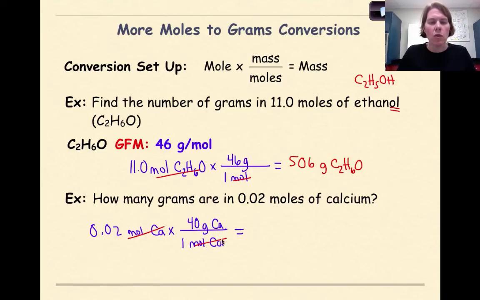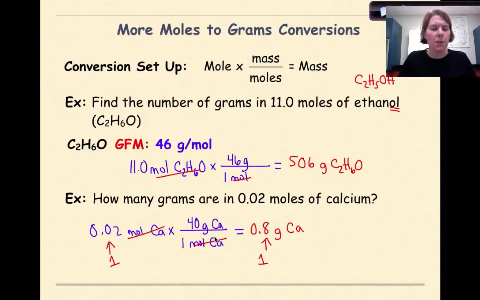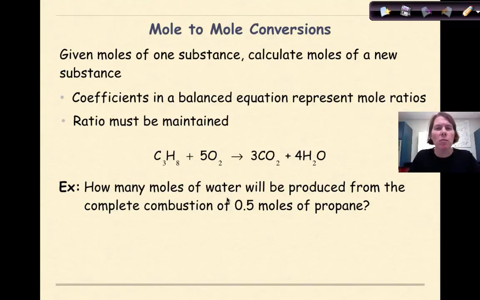Moles cancel moles. 0.02 times 40 will give us 0.8 grams of Ca. If I look at this here, I have 1 significant figure, therefore my answer will have 1 significant figure, and everything is canceled out, everything is labeled correctly. I'm good.